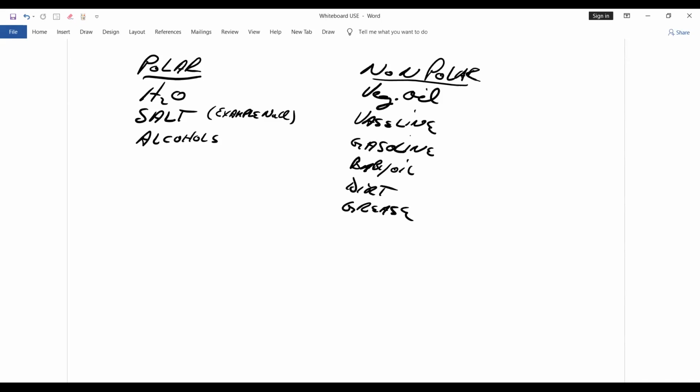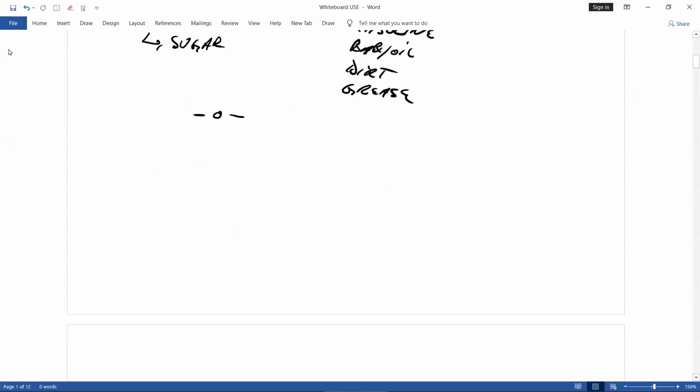By the way, I should add what you don't know, but I know, which is an alcohol, but not the kind of alcohol you think of, but sugar is polar. Now, if you mix water and vegetable oil, guess what? It's not soluble. Same thing with water and dirt. And later on, I'll tell you how soap plays a role in this. All right, let's look at a problem.